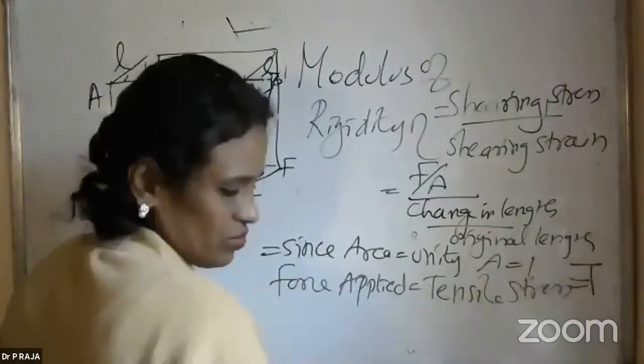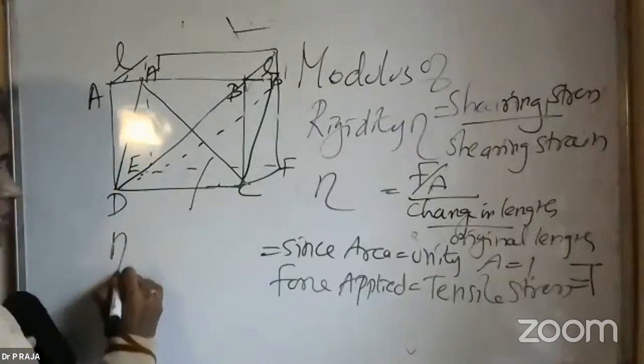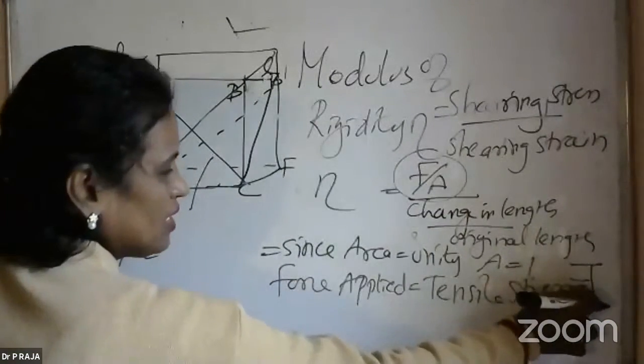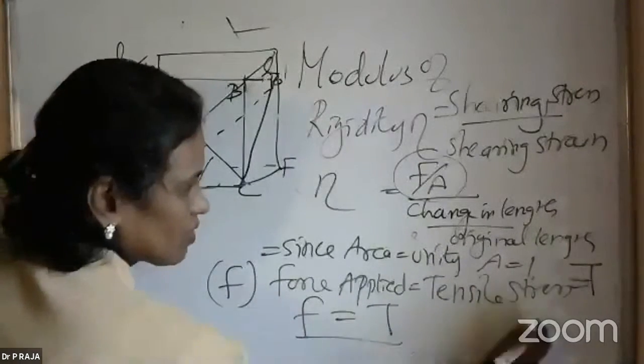So the numerator will become, eta will become, F I am going to replace by F is equal to T, tensile stress.